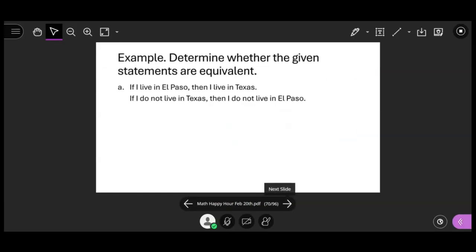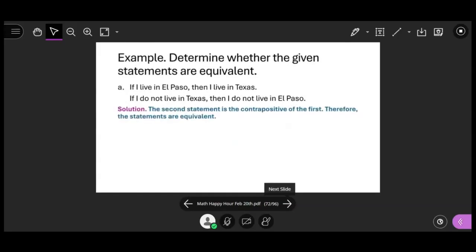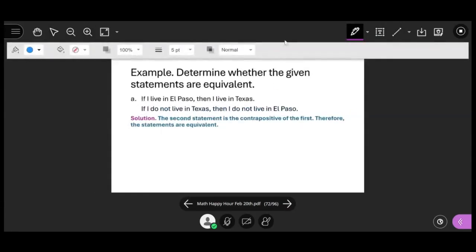Determine whether the given statements are equivalent. So here are my statements, and we want to check to see if they're inverses or not. If I live in El Paso, then I live in Texas, right?